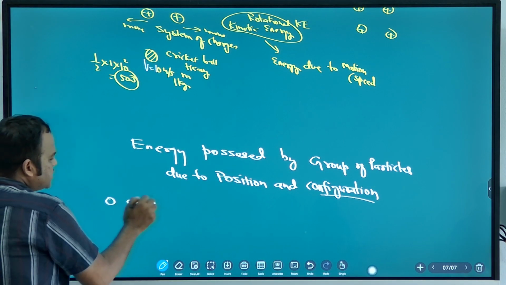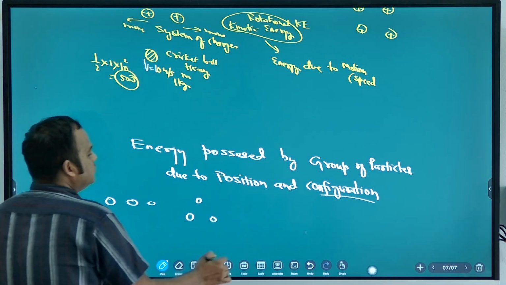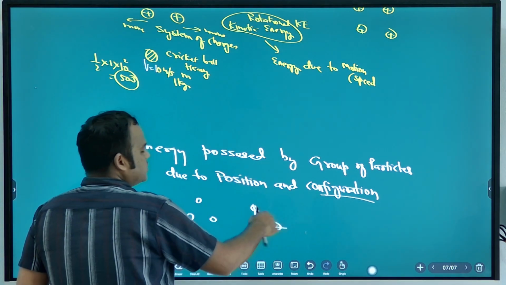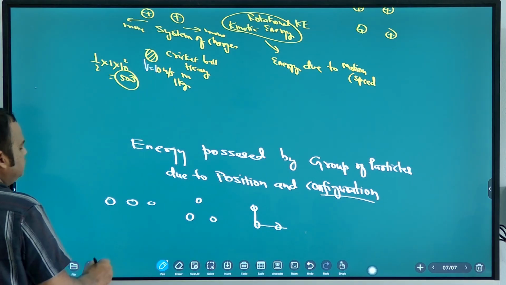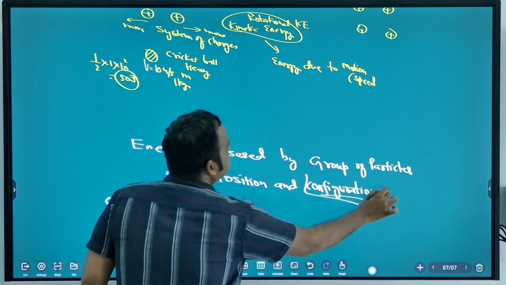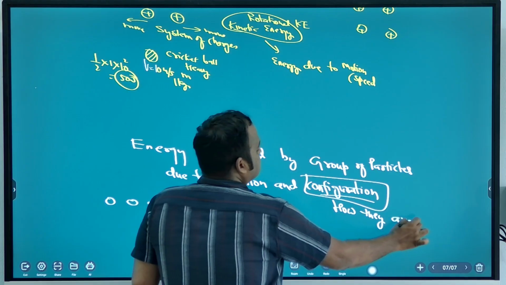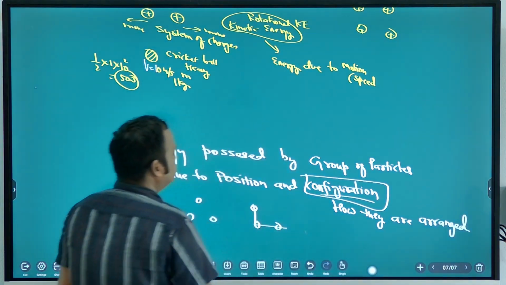They are arranged in a line, or like a triangle, or like this, making a 90-degree angle. Understood? So configuration means how these particles are arranged. Okay.